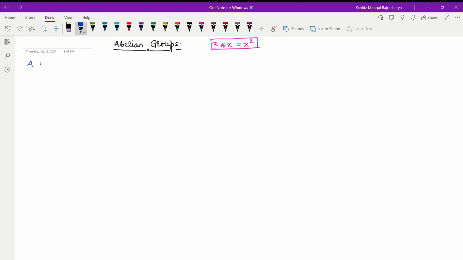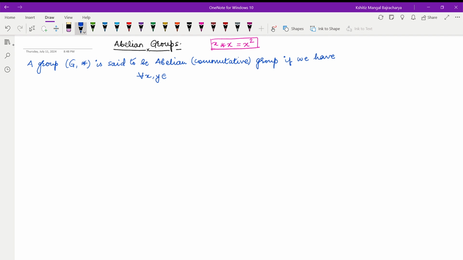A group G star, where G is the underlying set and star is the binary operation on G, this algebraic structure is said to be an abelian group, or it's also called a commutative group, if we have, for all x, y belonging to G, the condition x star y equals y star x.